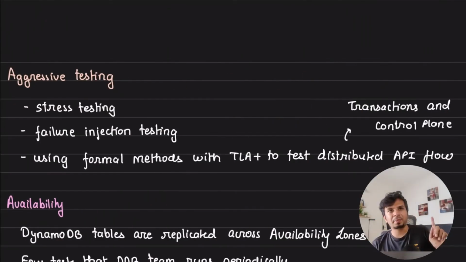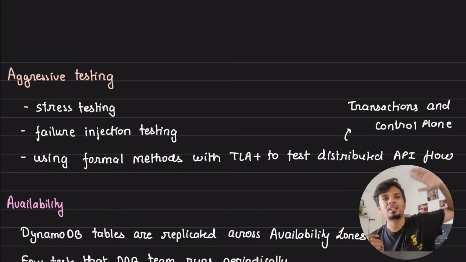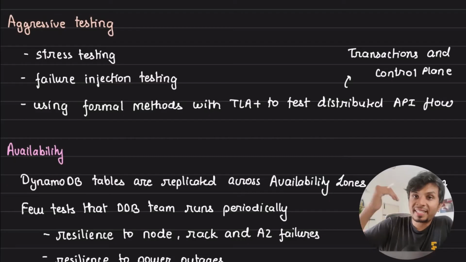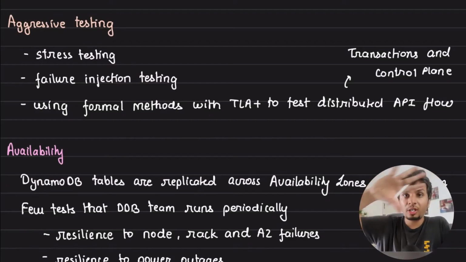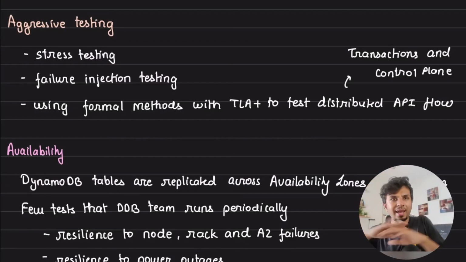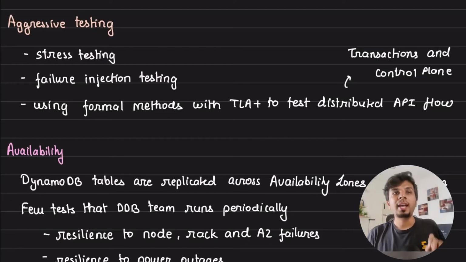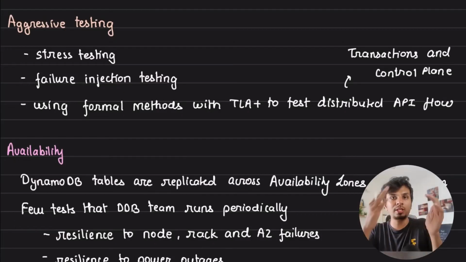Okay, the next part. How do you ensure durability? Aggressive testing. At every single step, they do stress tests on storage nodes, on API servers, everywhere. They do explicit failure injection on every part. And they use formal methods like TLA+. You would have heard of TLA+, which gives you formal proof of distributed transactions, distributed flows and distributed systems.